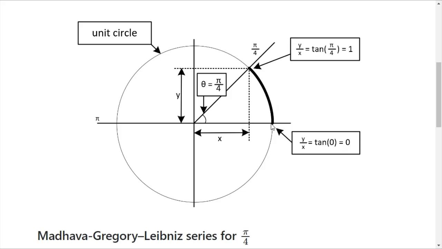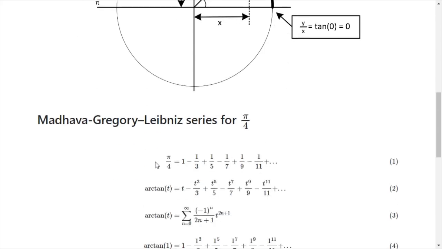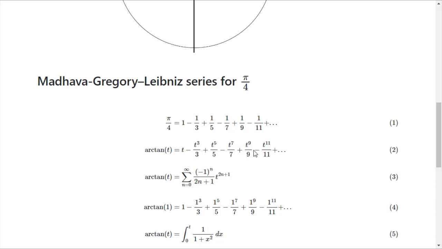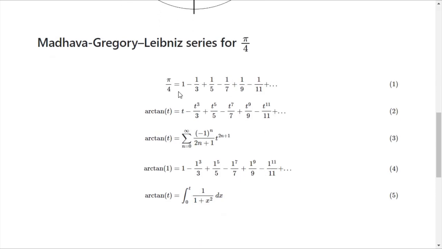It basically calculates the length of this arc right here. This is the series, and this is its infinite series, with the variables. When t equals 1, the value becomes pi by 4. All you have to do is multiply this value by 4 and you get the value of pi.